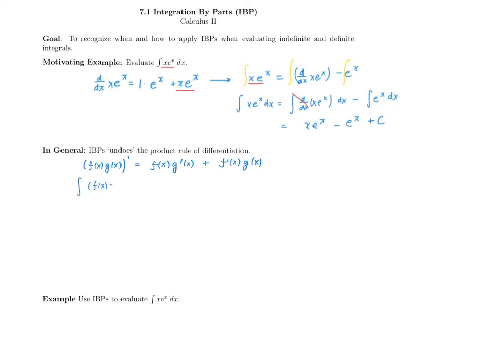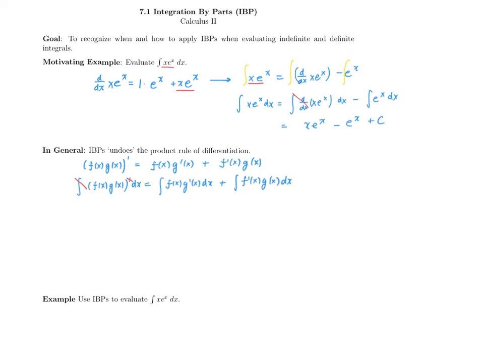So the indefinite integral of f g prime plus the integral of f prime of x times g of x. Note in the first term, the indefinite integral and the derivative cancel each other, and that term simply becomes f times g.